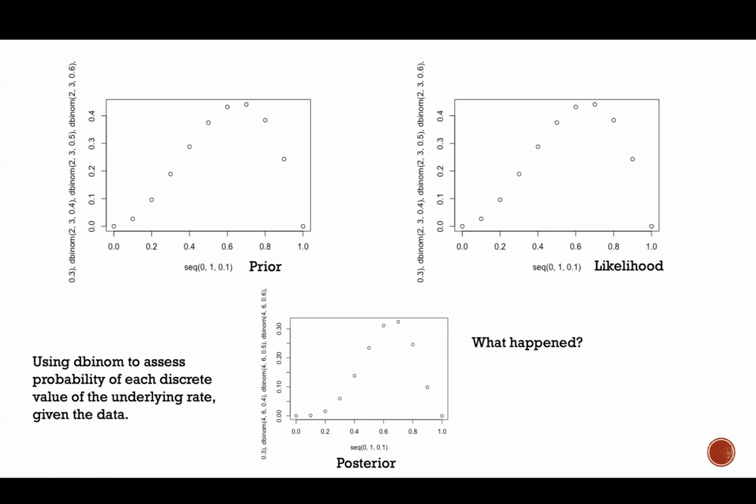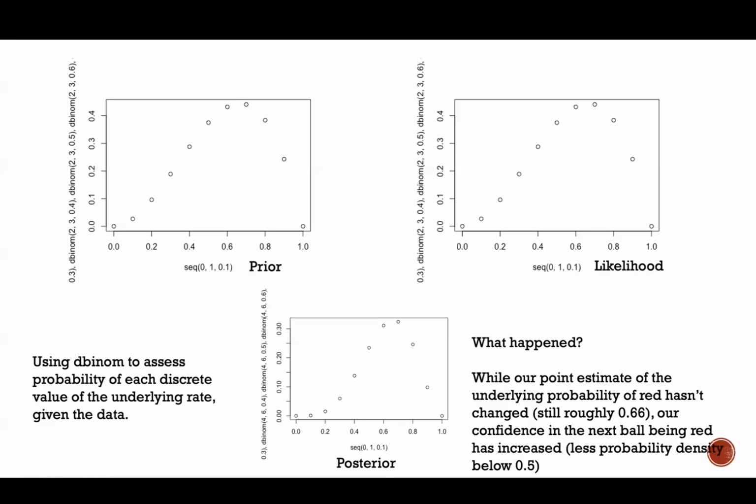We see that the peak is more or less the same at 0.66. And we see that the variance has shrunk, meaning that we have a much smaller belief that the next marble might be green. We also have much less belief that it will always come out red, right? Because we've seen twice that it doesn't always come out red. And these 2 aspects are actually quite important.